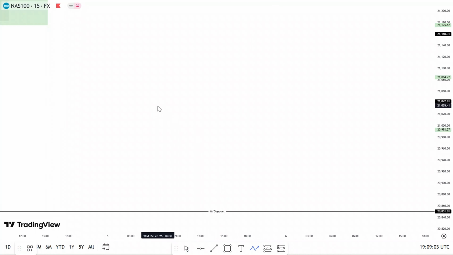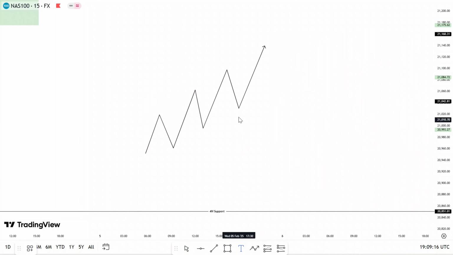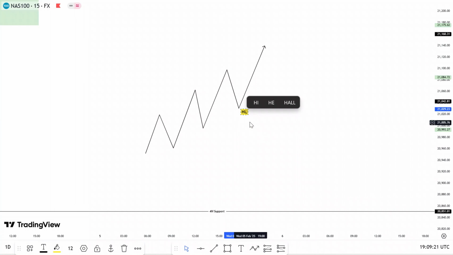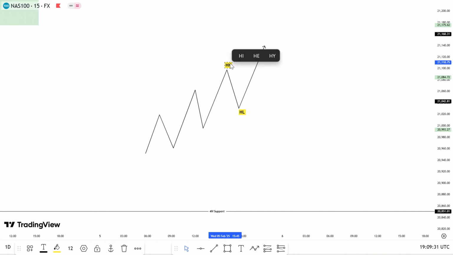The uptrend liquidity is where the market is constantly creating higher lows and higher highs, right?